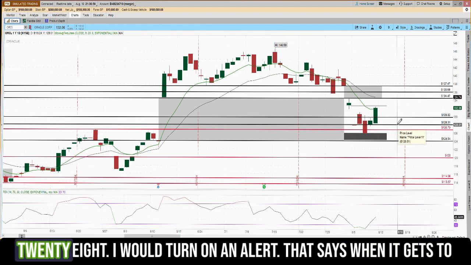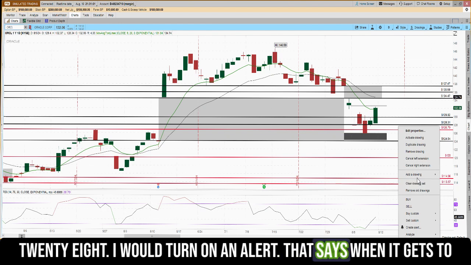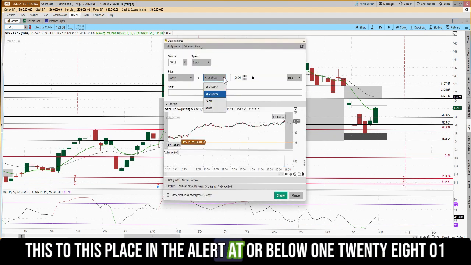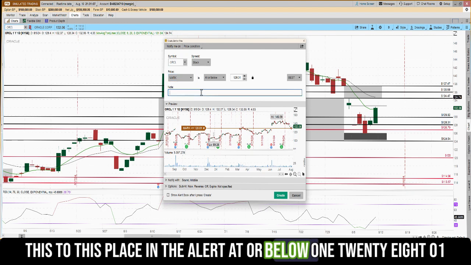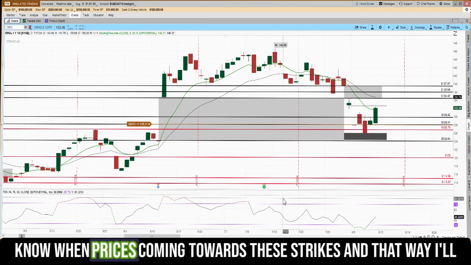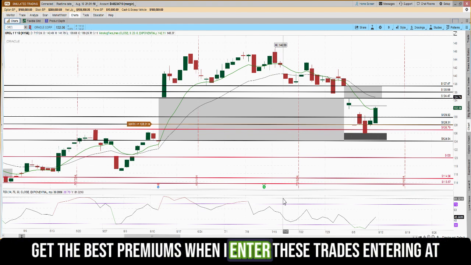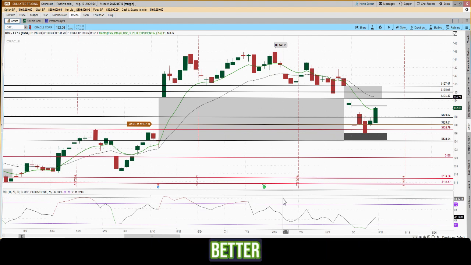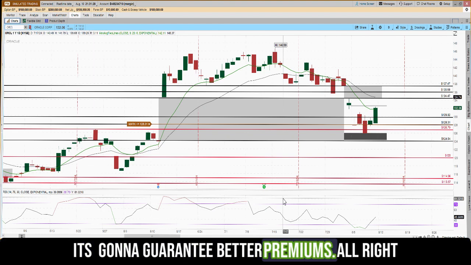At this support, 128, I would turn on an alert that says when it gets to this place, at or below 128.01, this would be a put credit spread entry. That lets me know when price is coming towards these strikes, so I'll get the best premiums when I enter these trades. Entering at support and entering at resistance is going to guarantee better premiums.